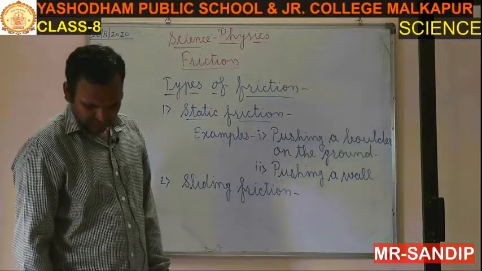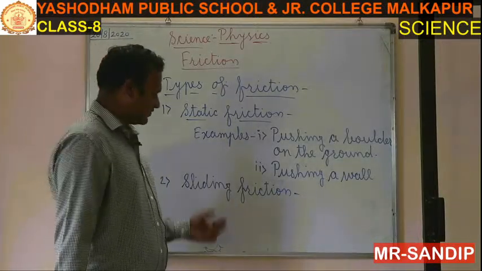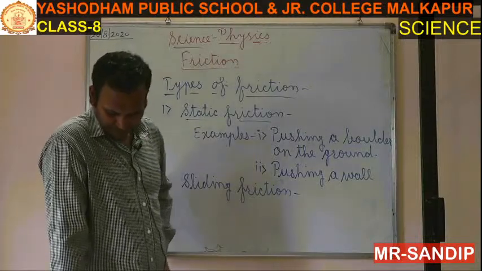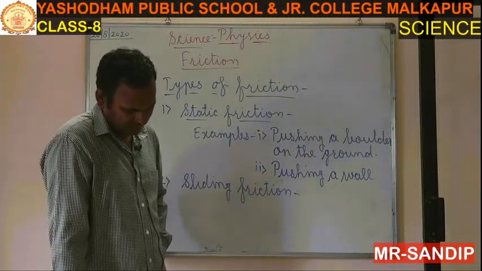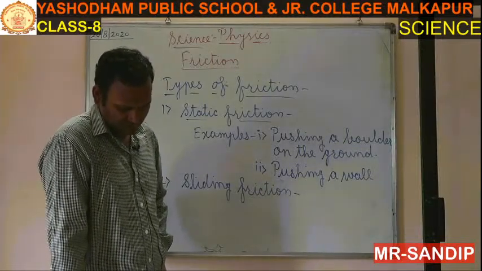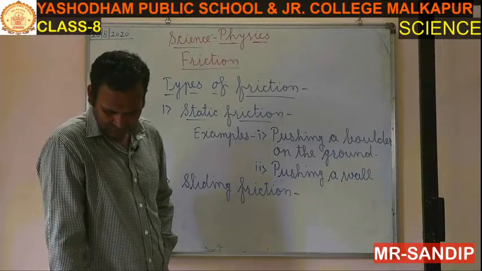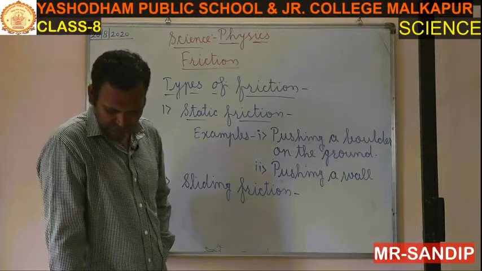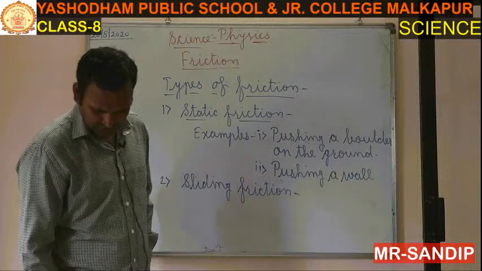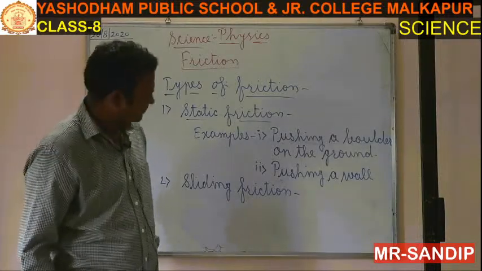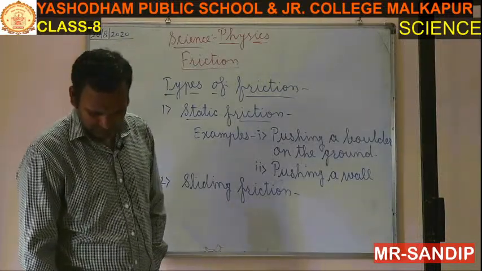At least write any 2 examples for the sliding friction. While explaining, I told you, what do you mean by uncountable? A noun, an object, a thing that we are unable to count into a number.